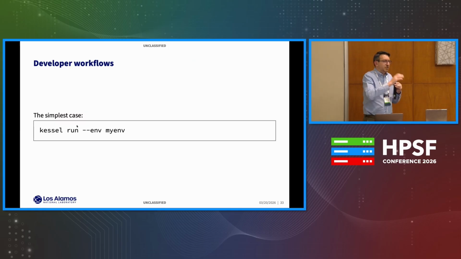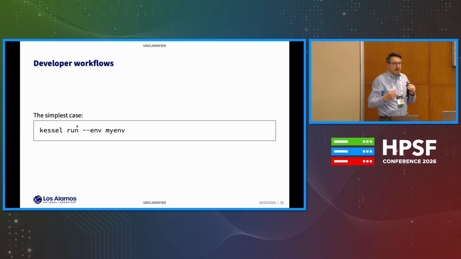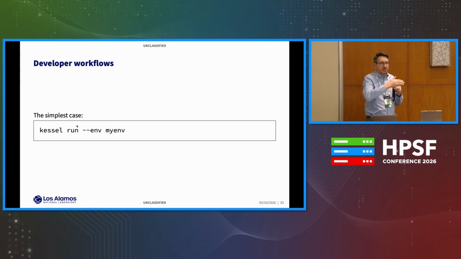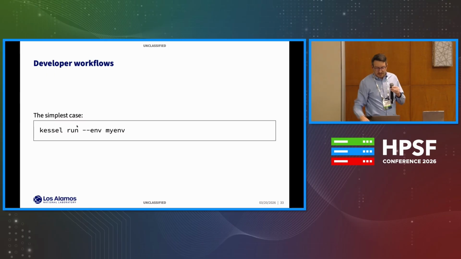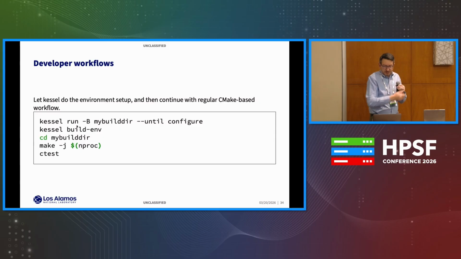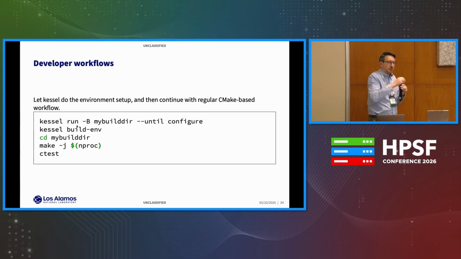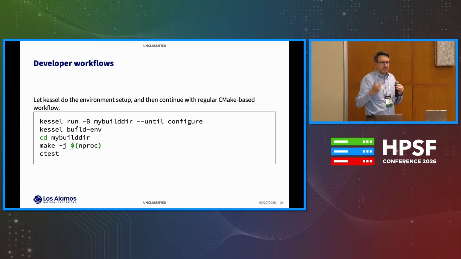But overall, once you have it encoded as a workflow, the use of Kessel is something like this. You have a Kessel run on top of a Spack environment, and those will then run setting up the environment, configure, build, and test. A typical use case for a developer would be to say, I want to actually dive in, so I run this workflow until the Spack environment and the CMake build folder are configured.